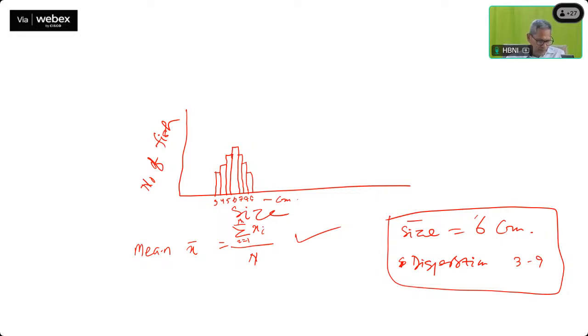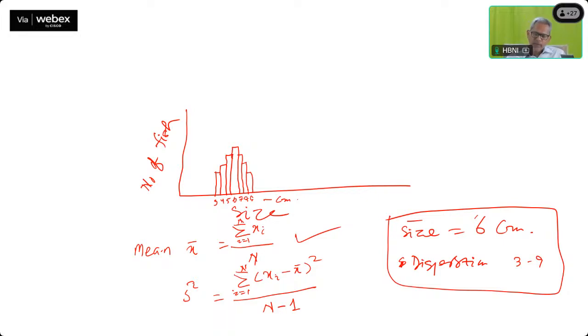Similarly, you define the sample variance. So you write s squared is equal to the sum of (x minus x bar) squared divided by n minus 1.